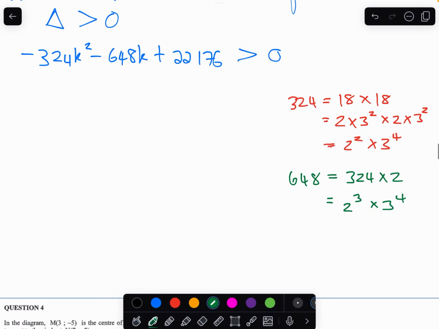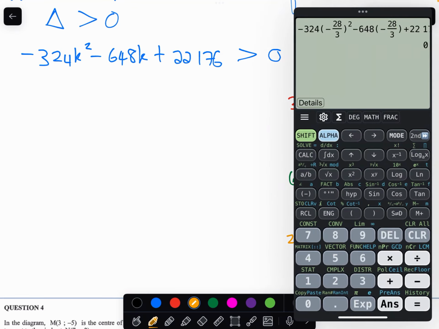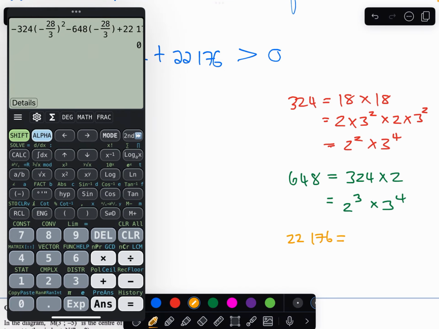Okay, the last one I definitely won't do by hand. 22,176. Let's figure out the prime factorization of that. Okay, 22,176. Shift fact. So that is 2 to the 5 times 3 to the 2 times 7 times 11.